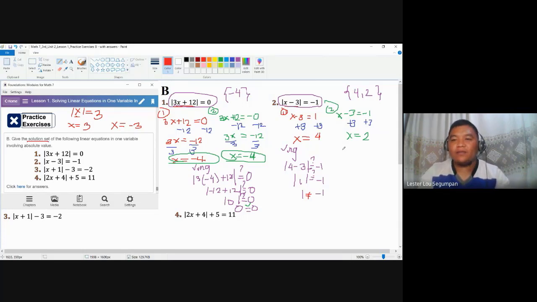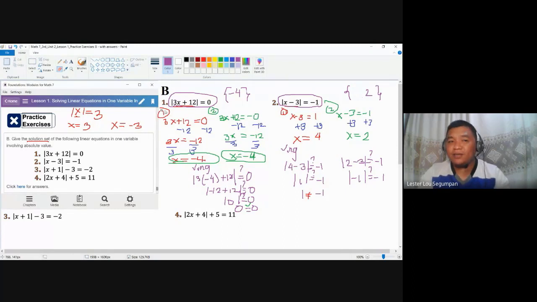For the second value, 2, you have 2 minus 3, question mark, negative 1. 2 minus 3 is negative 1. There will be a chance you might say, yes sir, I made a mistake, it's actually just 2 because 4 is not a solution.